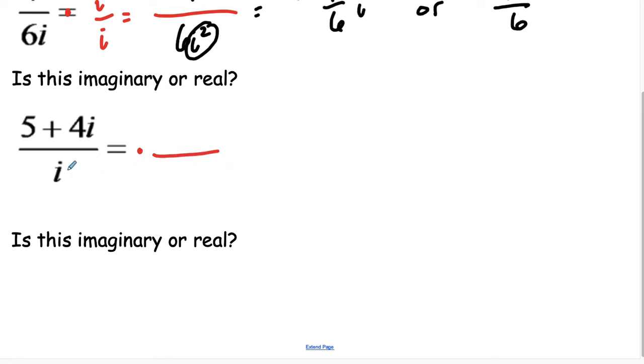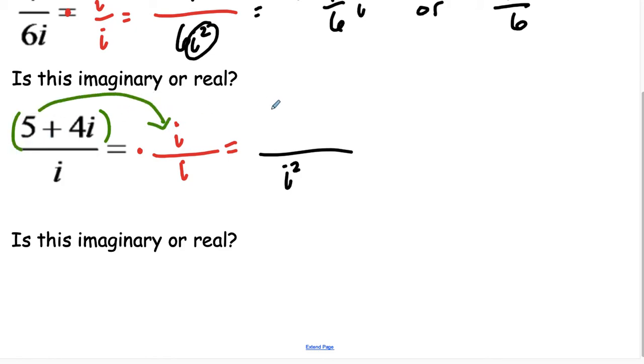So we need to multiply the numerator and denominator by i so that the denominator is a real number. So that becomes i squared, which is real. Then we need to distribute. 5 distributes to i, which is 5i, and then 4 distributes to i as well, which becomes positive 4i squared.